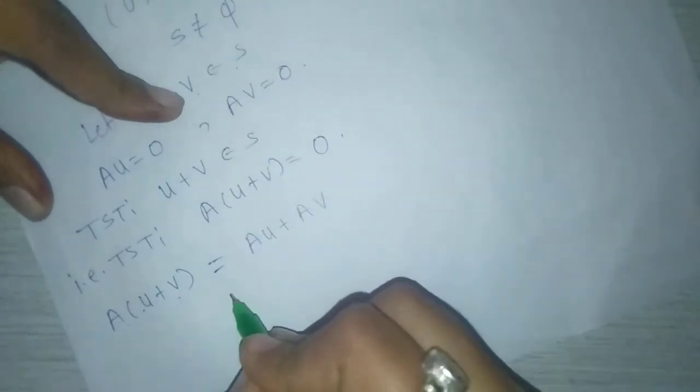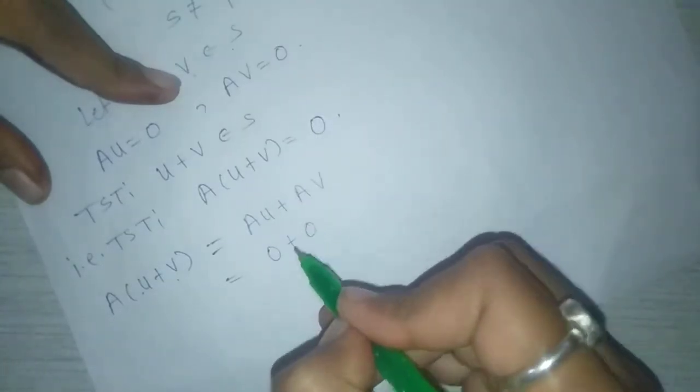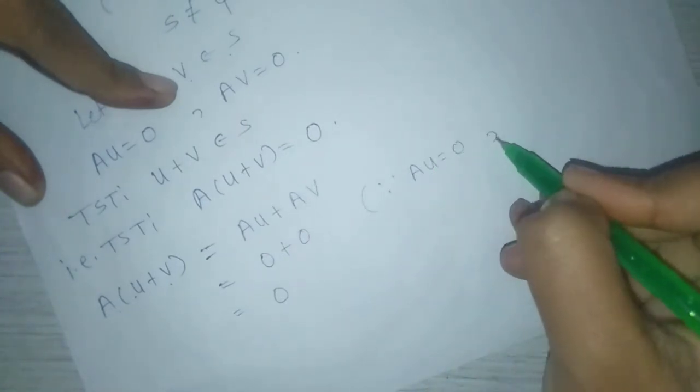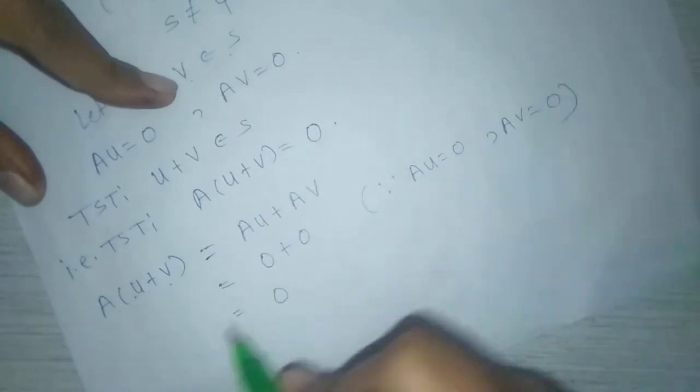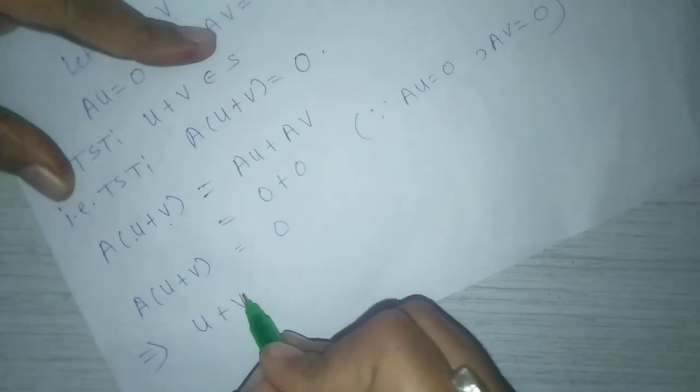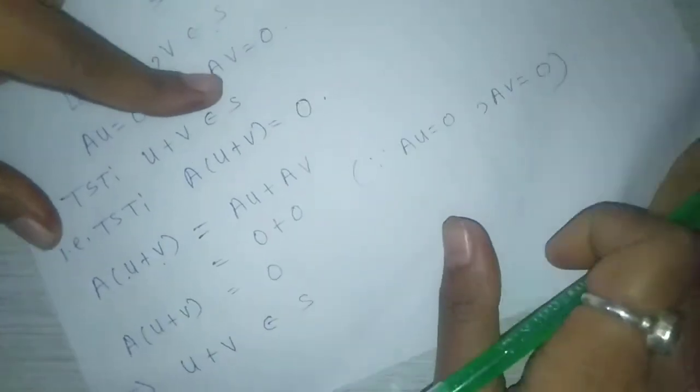So A times (u plus v) is nothing but A times u plus A times v. Here A times u equal to 0, A times v equal to 0. Put these values, we get 0. Since A times u equal to 0 and A times v equal to 0, we get A times (u plus v) equal to 0, which implies u plus v belongs to S.